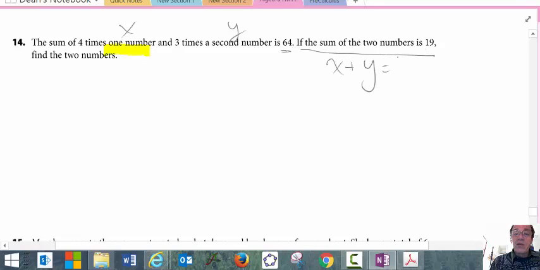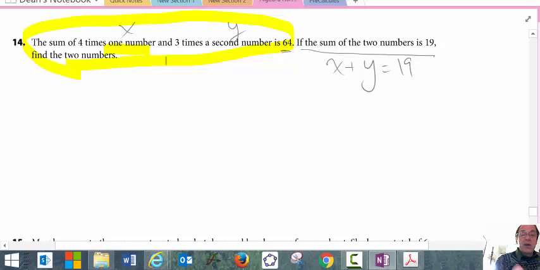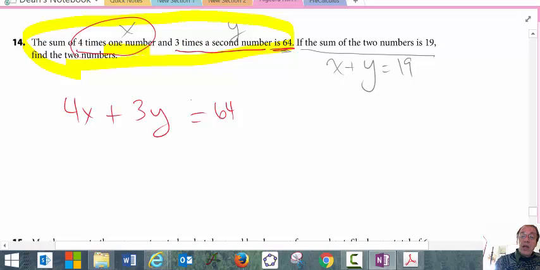That's x plus y equals 19. Now on this one, we've got to think out what that's saying right there. Well, the good news is, because it says is 64, we know that's equals 64. The sum of, so we're adding something, 4 times one number, that's 4x, plus 3 times the second number.